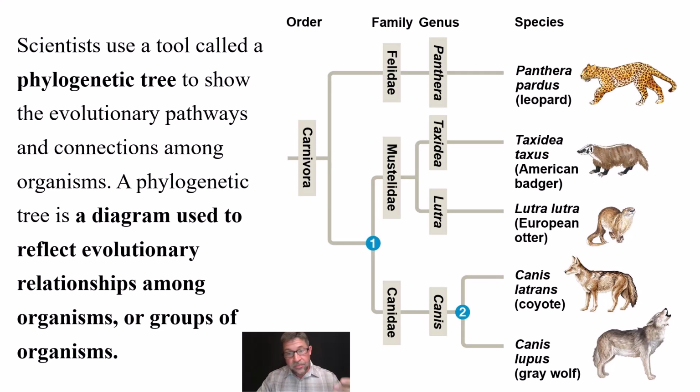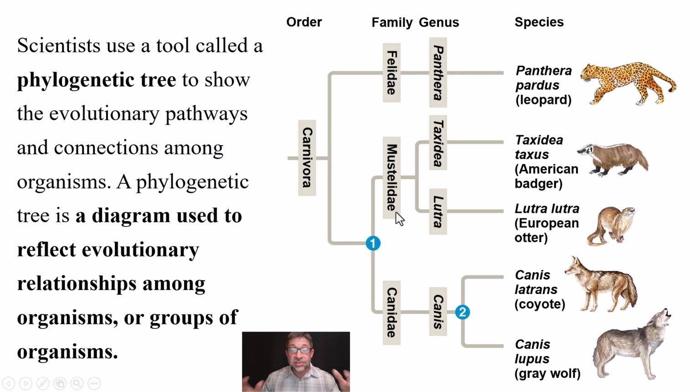It just shows a handful of lineages in the order Carnivora, but we can see the relative relatedness of the leopard and the cat family relative to two other families in the order Carnivora, the mustelids and the canids.